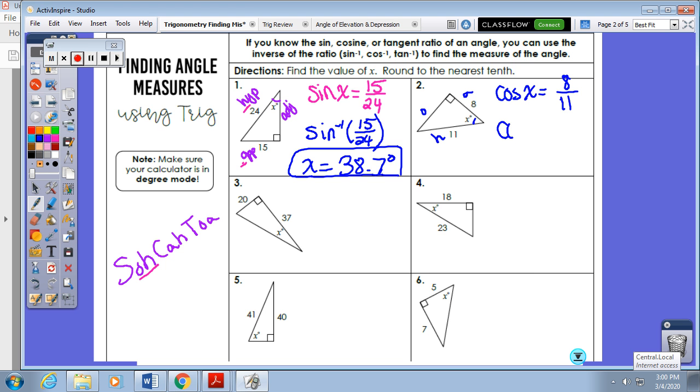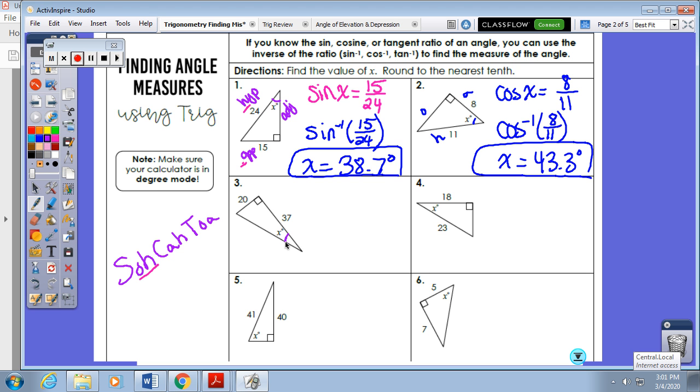The angle measure is inverse cosine of 8 over 11. Put that in your calculator. x is equal to 43.3 degrees. And remember, these are angle measures, so they should have a degree sign.